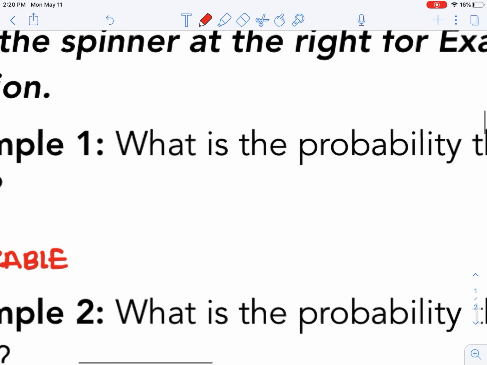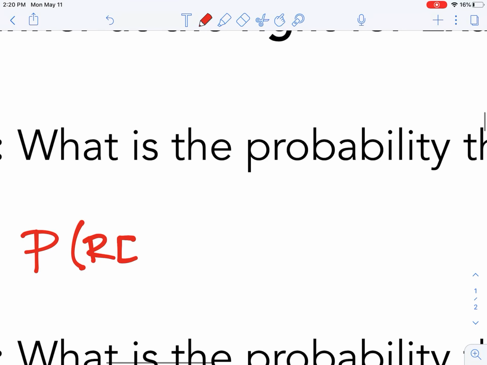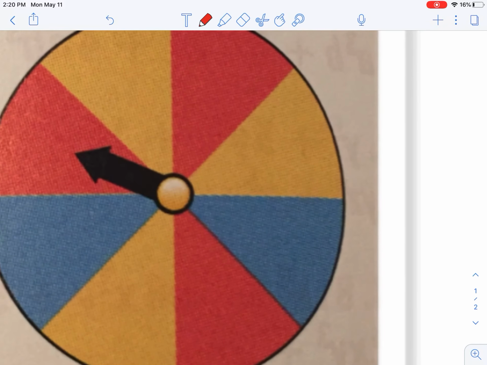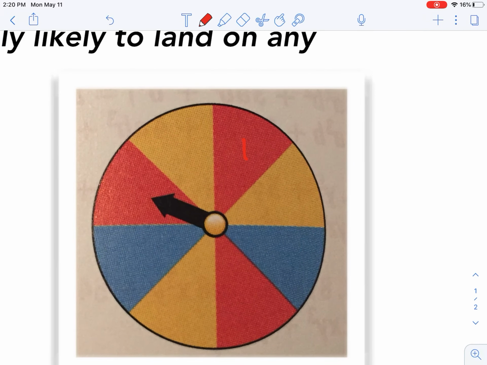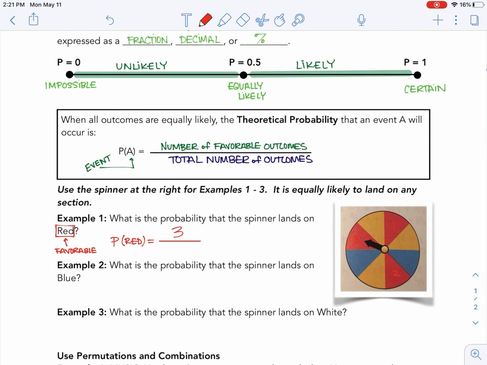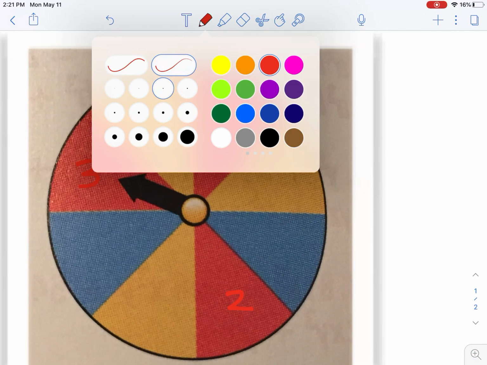So how many spaces on our spinner are red? That becomes our favorable outcomes. So a favorable outcome would be here, 1, 2, or 3. So we have 3 spots where red is favorable. However, we want to know the total possible number of outcomes.